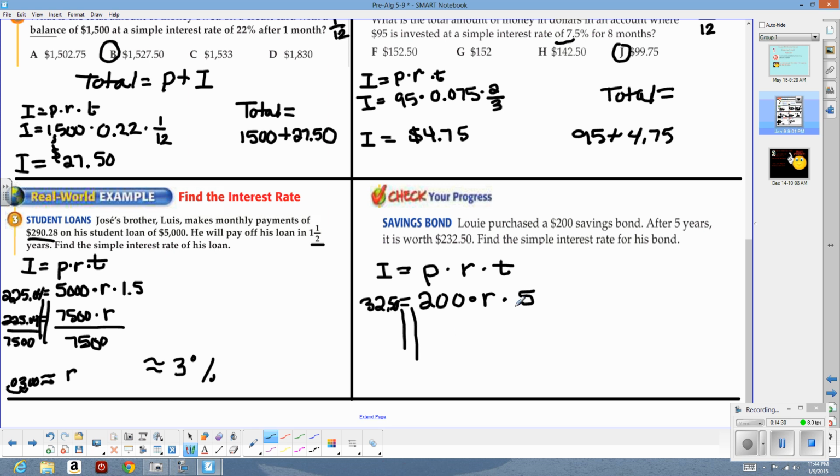Now if we want to solve this equation, we're going to multiply the 200 times 5 first, which is 1,000. So 1,000 times R equals 32.50.